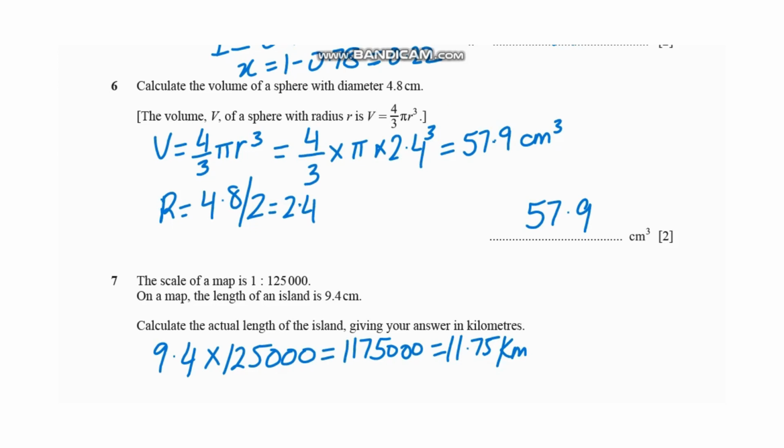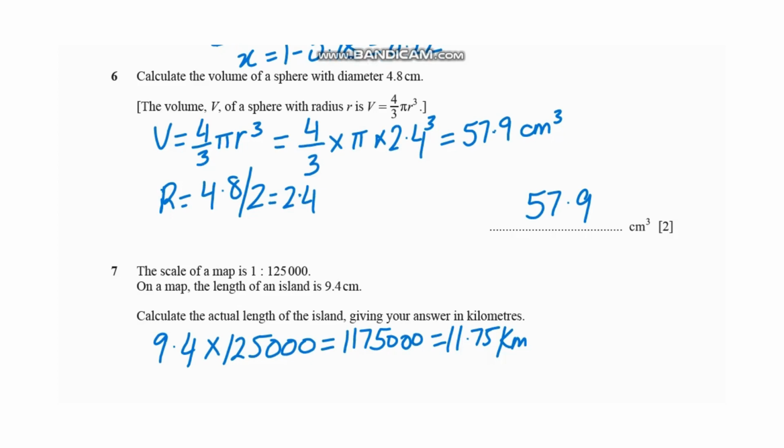So we will do 4.8 divided by 2, which will be 2.4. Then we will use 2.4 as the radius instead of 4.8. 4 over 3 multiplied by pi multiplied by 2.4 to the power of 3, that will be 57.9 centimeters cubed. So 57.9 will be the final answer for question 6.